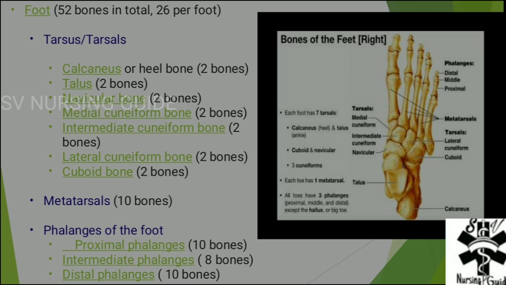In tarsals, calcaneus or heel bone 2 bones, talus 2 bones, navicular bone 2 bones, medial cuneiform bone 2, intermediate cuneiform bone 2, lateral cuneiform bone 2, cuboid bone 2. In metatarsal, 10 bones. Phalanges are divided into 3: proximal 10 bones, intermediate 8 bones, distal 10 bones.